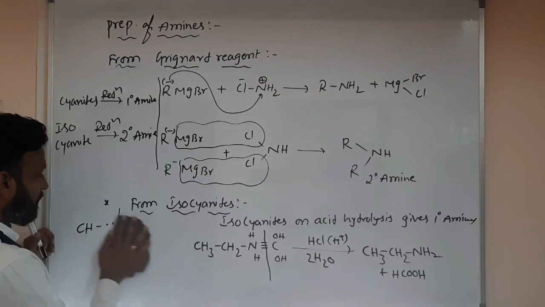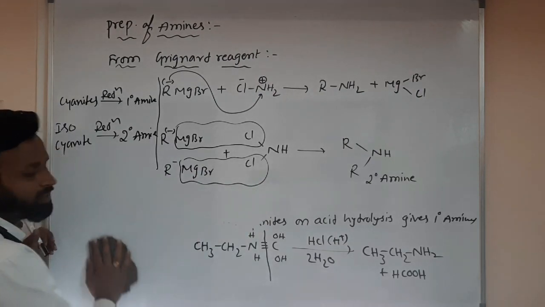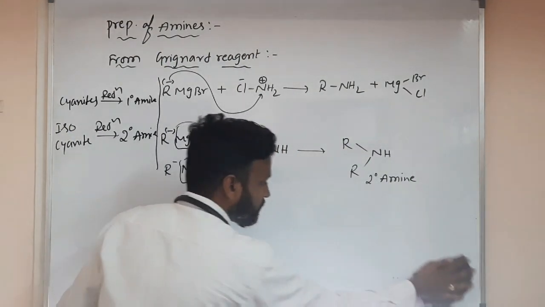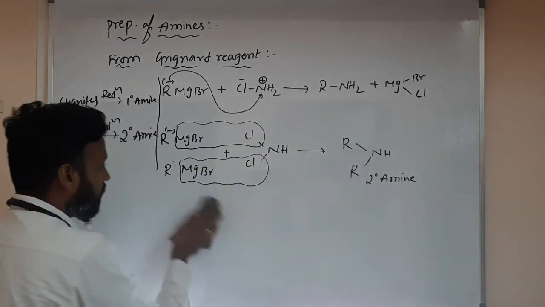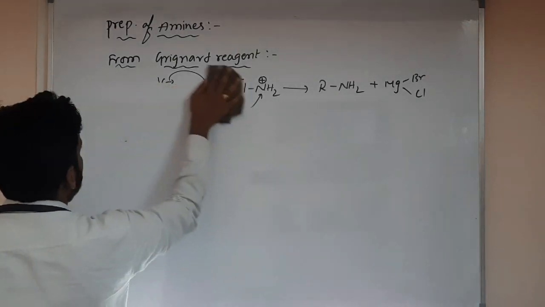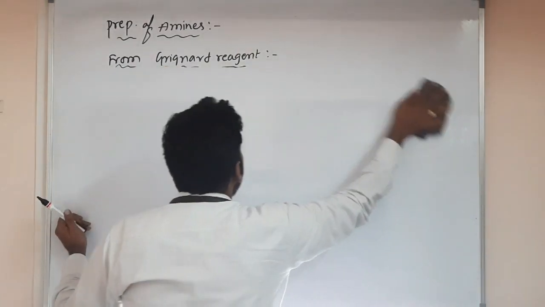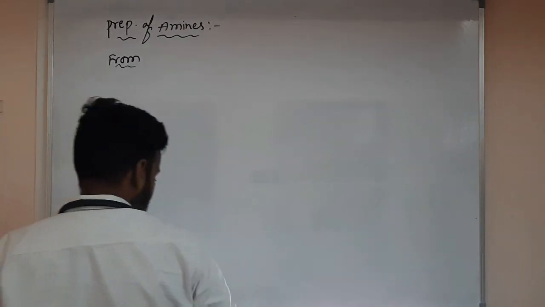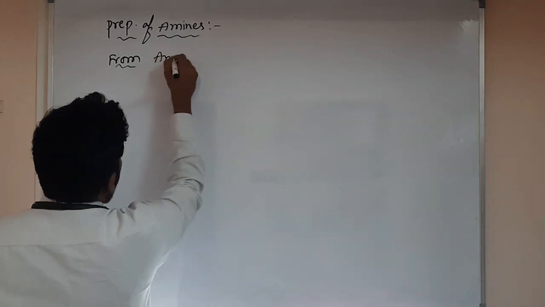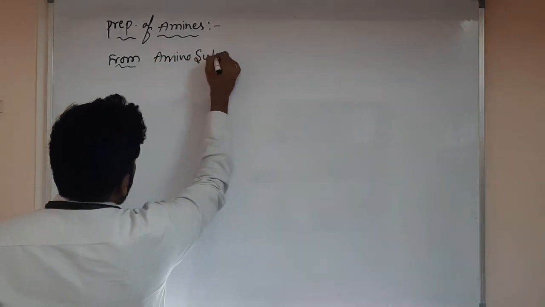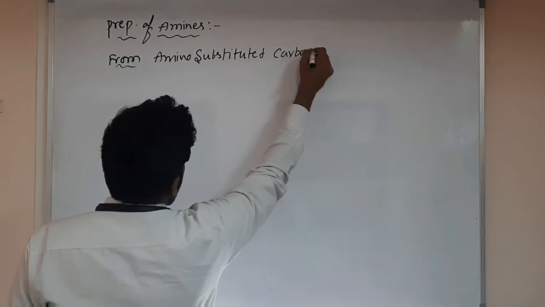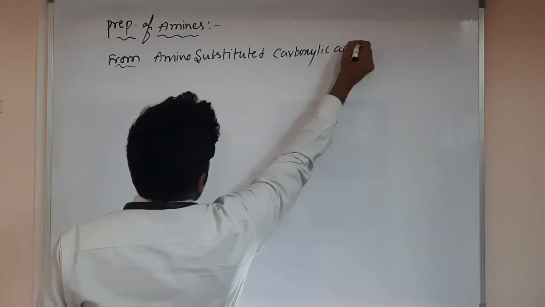So the preparation of amines I said yesterday is completed, but today I am giving the applications of those amines and exceptional cases of preparation. The last and final preparation, which is important, is from amino substituted carboxylic acids.